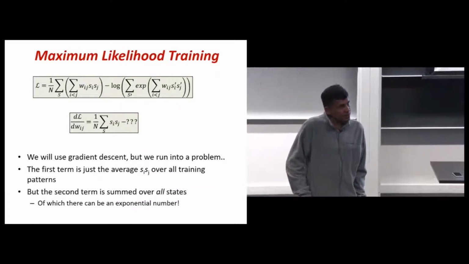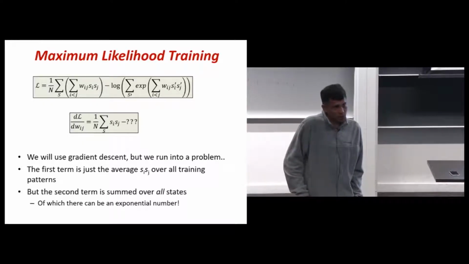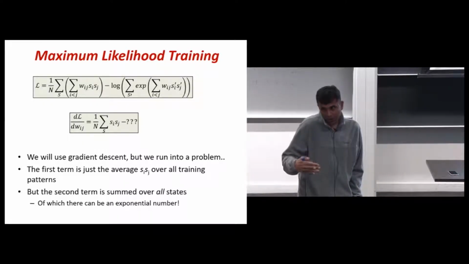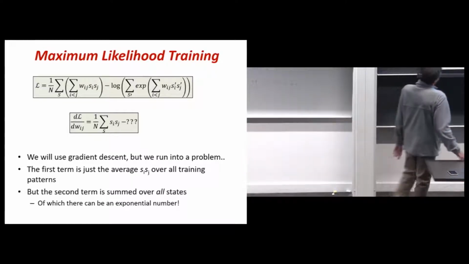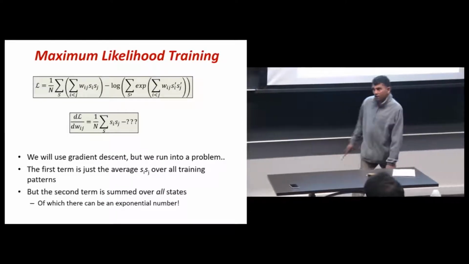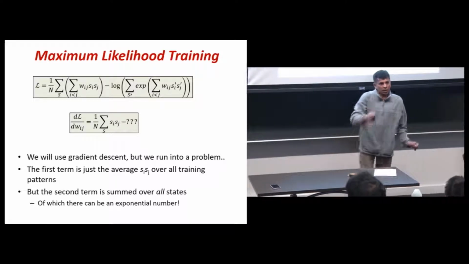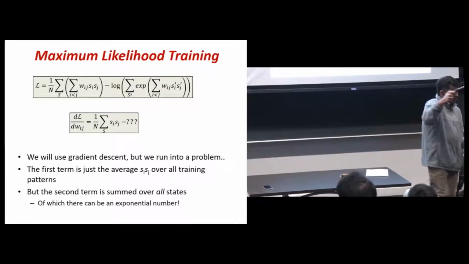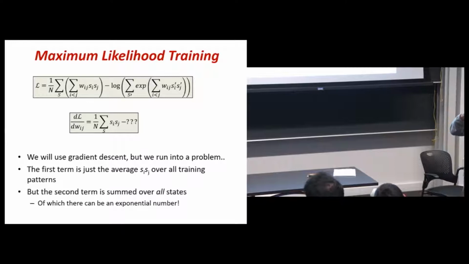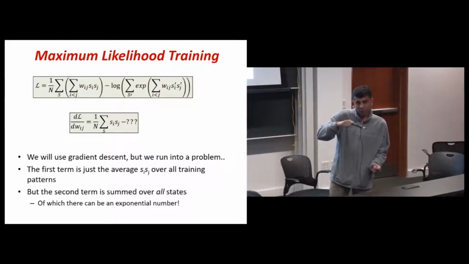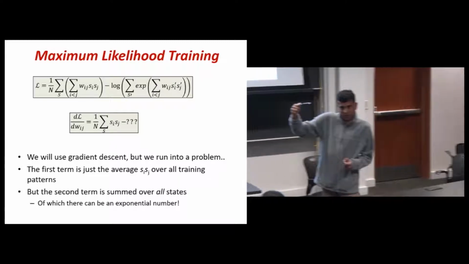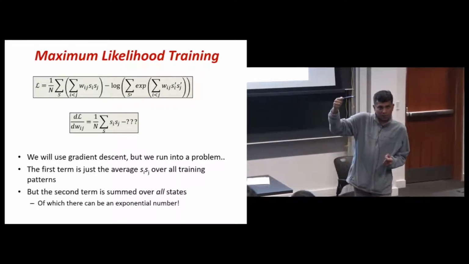So when I take the derivative of the first term with respect to any w_ij, the w_ij goes away. All you are left with is the average of the product of the bits on either end of the connection between neuron i and neuron j. w_ij basically is the weight that connects two neurons, right? So the first term simply ends up with this average product.